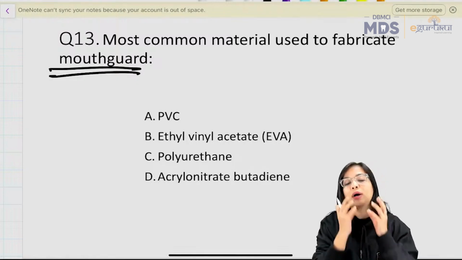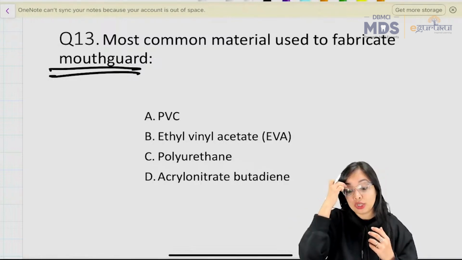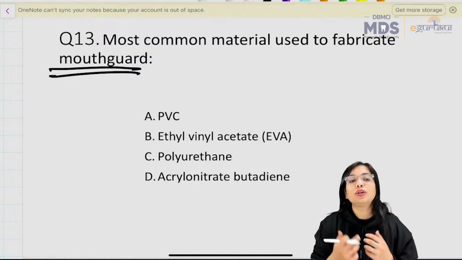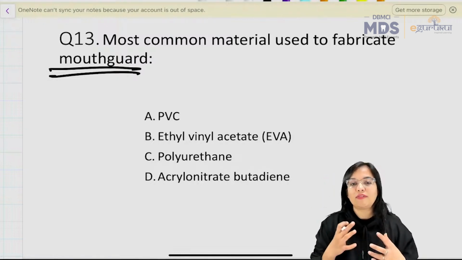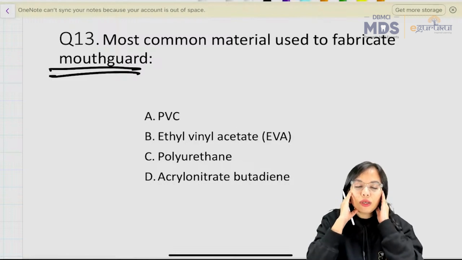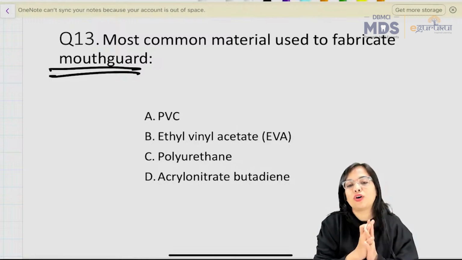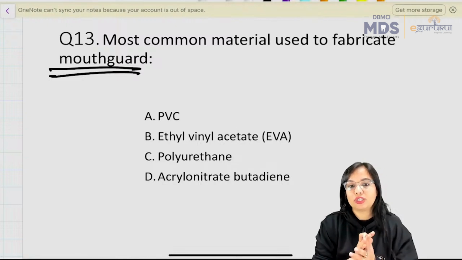So they will wear mouth guards in order to protect their teeth from injury. Also, for children who have the habit of nighttime bruxism, we fabricate mouth guards so that it does not generate TMJ problems and does not result in attrition of the teeth. So that becomes useful for such children also.